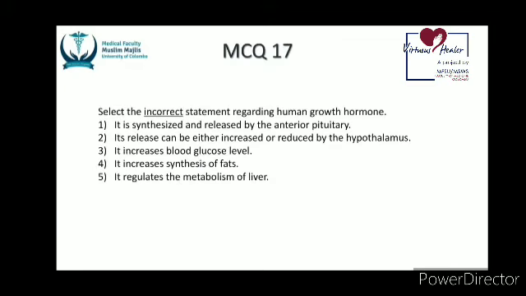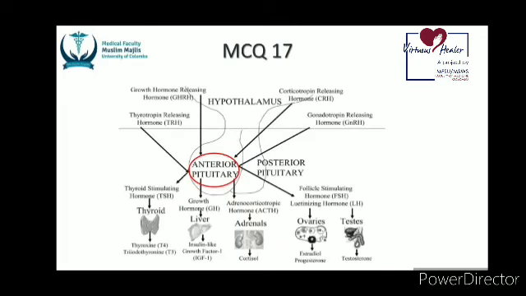Question number 17. Select the incorrect statement regarding human growth hormone. Number 1. It is synthesized and released by the anterior pituitary. Let's first have a look at all the hormones that are secreted from the anterior pituitary. Now in this diagram, you can see that the anterior pituitary is secreting a number of hormones.